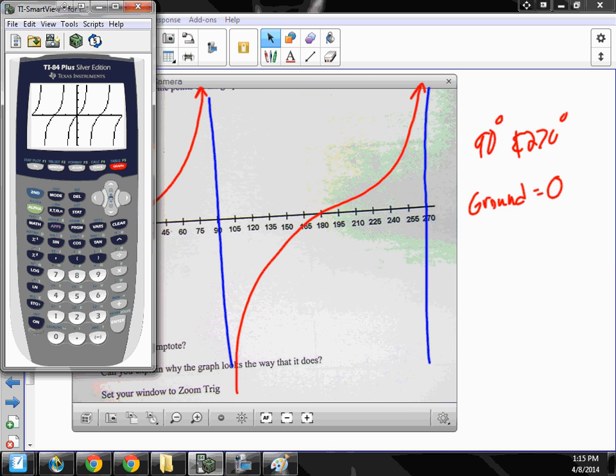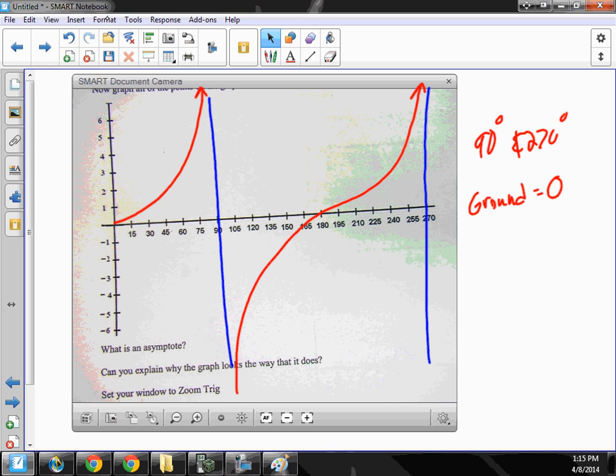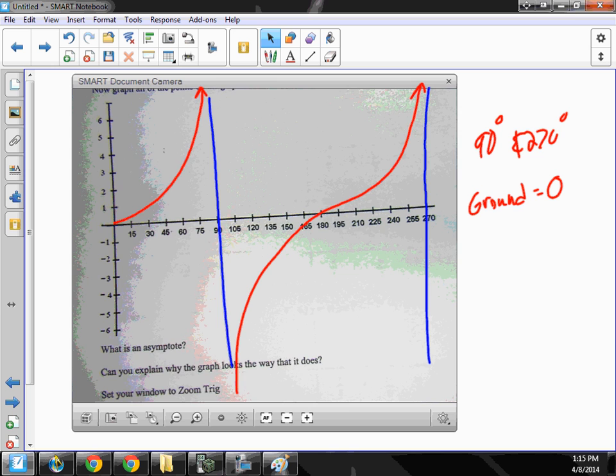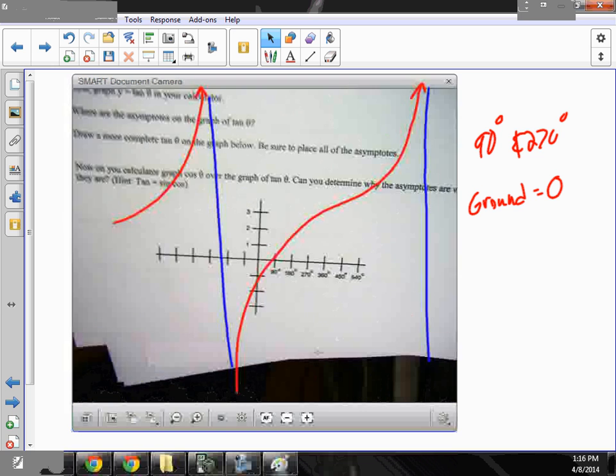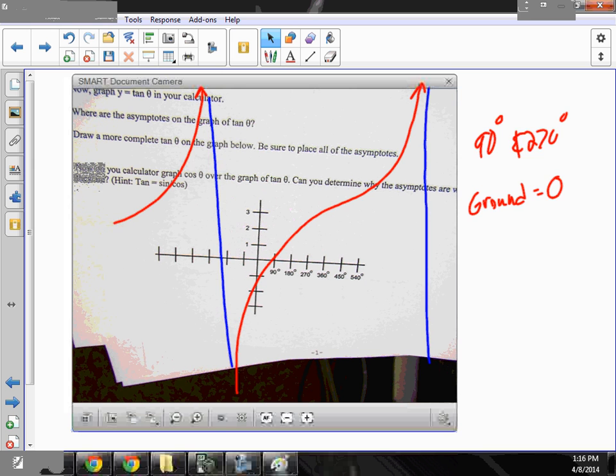What's that? Exactly. Well done, Connor. Okay. So look down here. Where are the asymptotes of tangent?